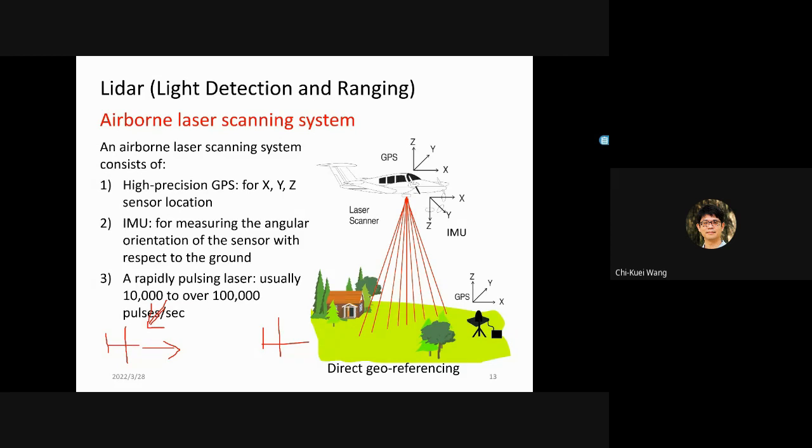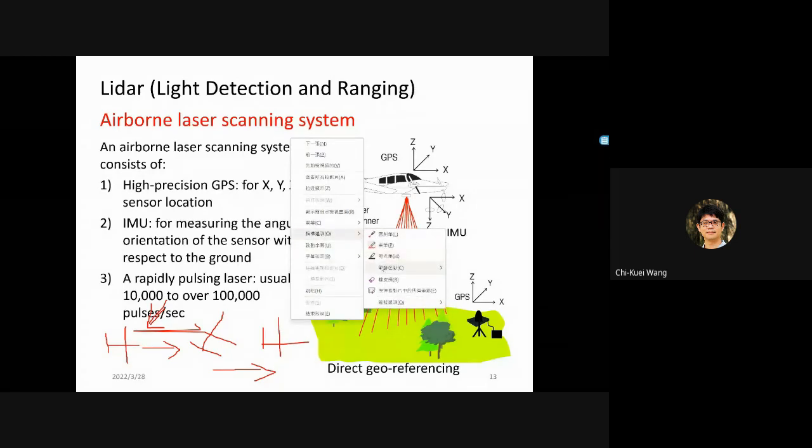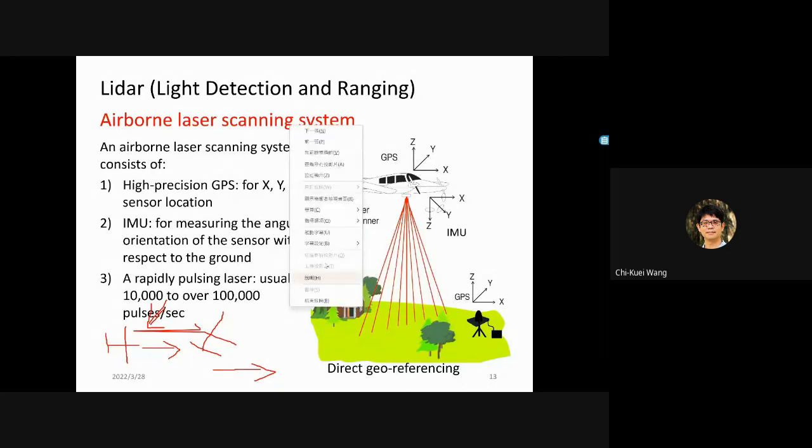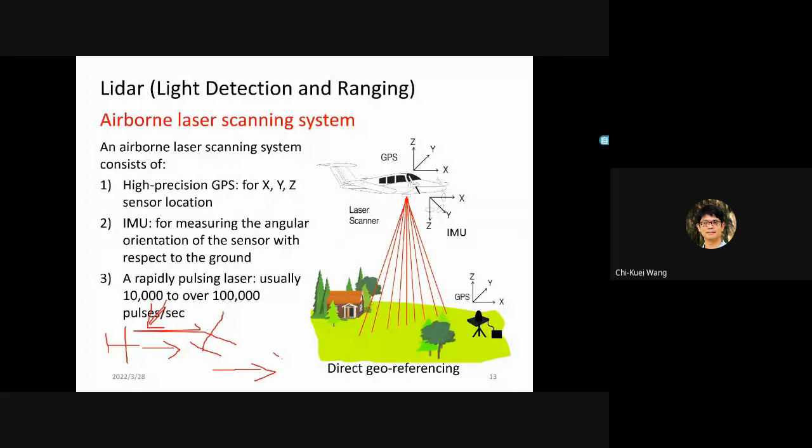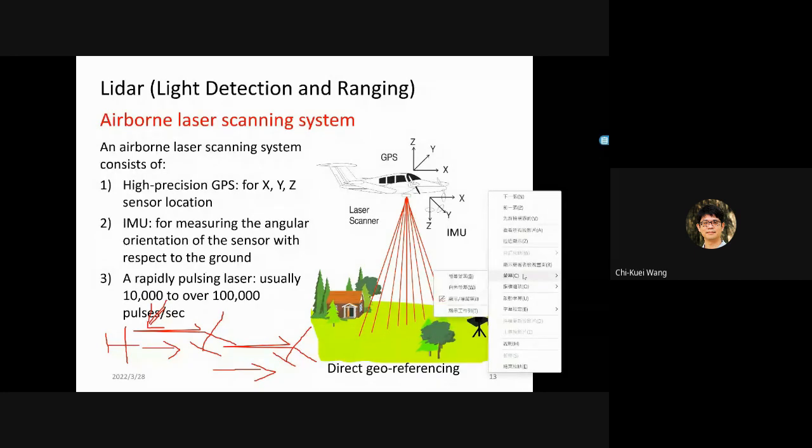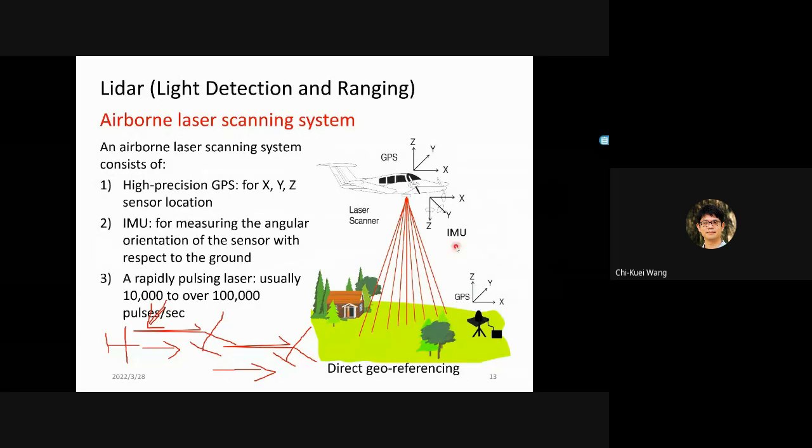So you would like to point your airplane in this direction, and it still flies like that. The trace is still like that, but the attitude is not as expected. It is not like driving a car, so you have to fly against the wind. That's why the IMU is important.